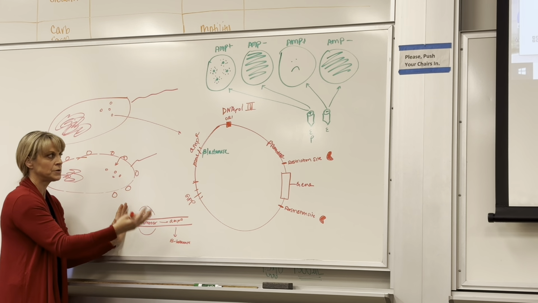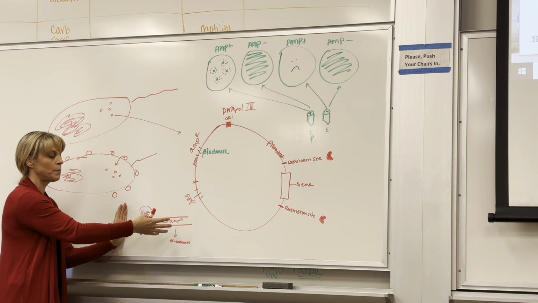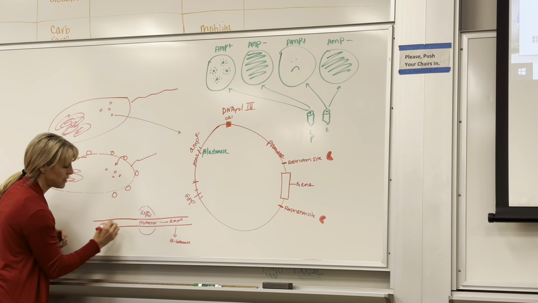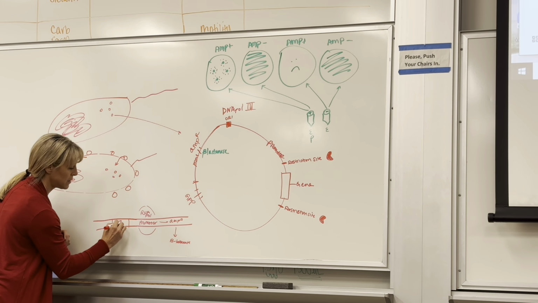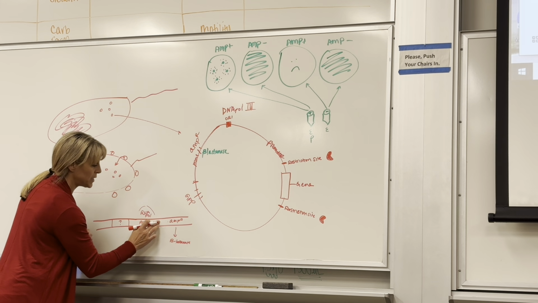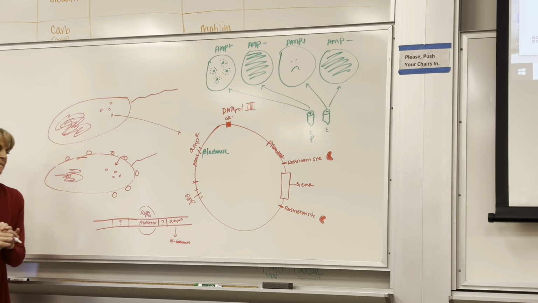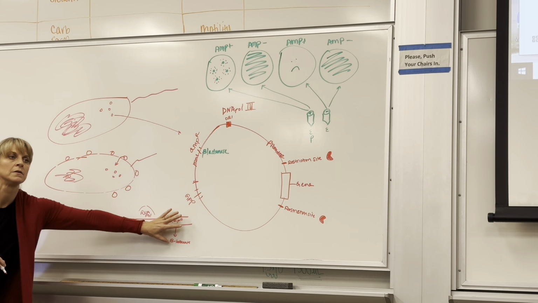In a wild type, in a normal bacteria, what would be here? What would be here? And what would be here? In this operon.